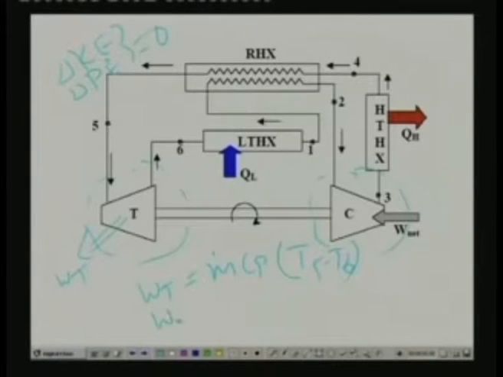Similarly, work input to the compressor Wc is equal to m dot Cp into T3 minus T2. So m dot Cp is same. So the net work input is nothing but the work input to the compressor minus work output from the turbine. You can see that the turbine is supplying its useful work output to the compressor. So net work input is the difference between these two.